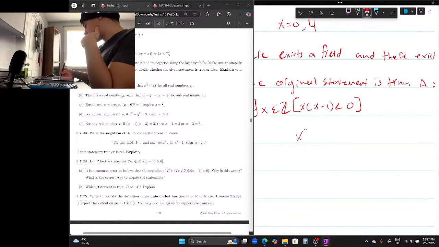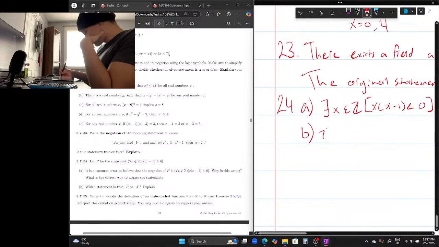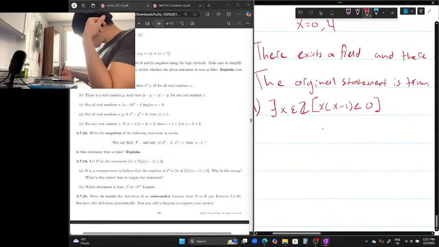Right there where x is 0.5 maybe, so it is indeed less than 0. Oh, and the integers. No, this is true.